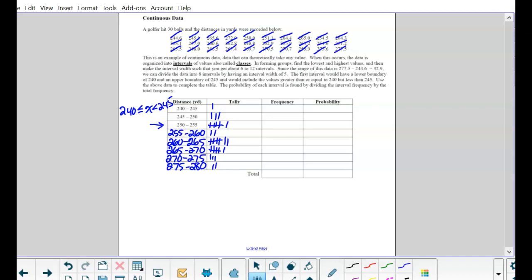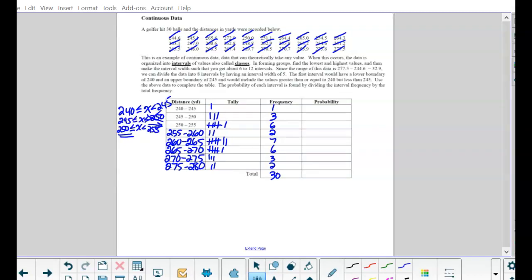Okay, so 1, 2, 6, 7, 8. And then calculate the question. Okay, so the probability, you can just show it as a fraction.